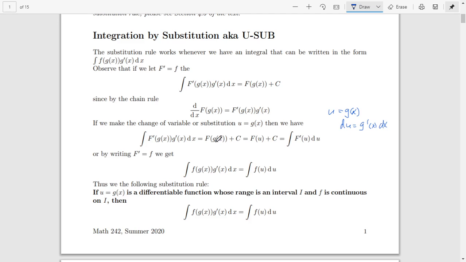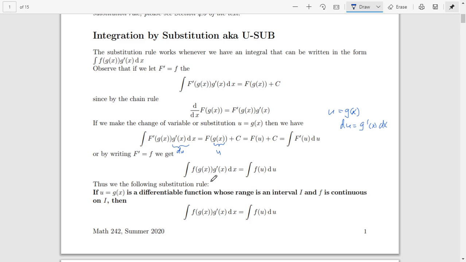So in that case, this here becomes my u, and this becomes g prime of x dx. All of this becomes du. So if we replace this by u equal to g of x, this is what we'll be getting in terms of u.